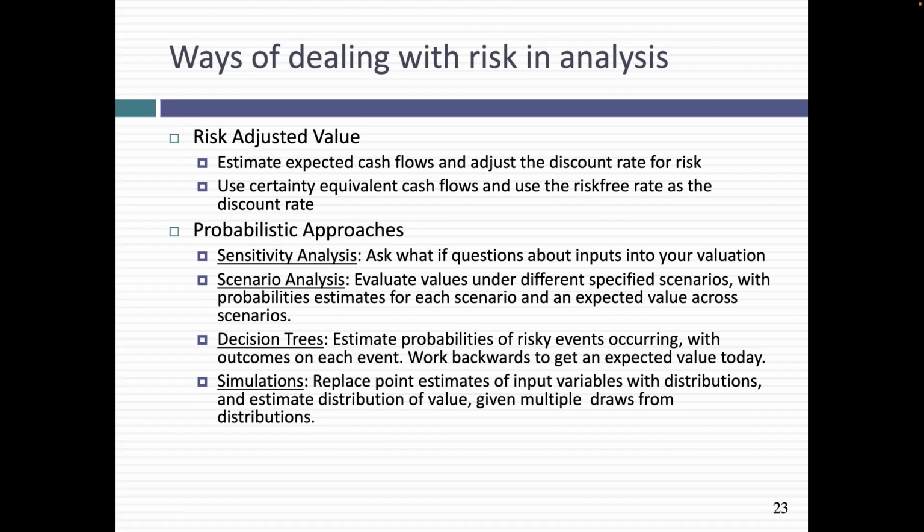That's what a distribution is, and say, you know what, I think the expected value is 25%, but here's the distribution of revenue growth rates, of margins. And the nice thing about simulations is you can correlate the variables, and you say, if revenue growth is higher than expected, margins are also going to be higher than expected. It's the most flexible way of dealing with risk.